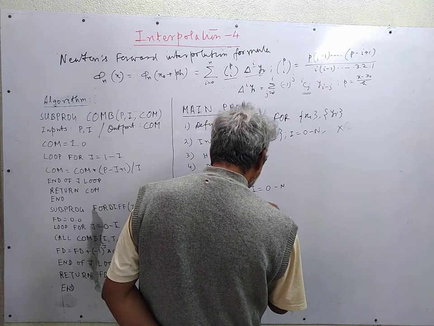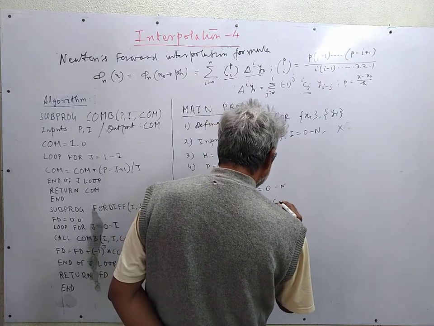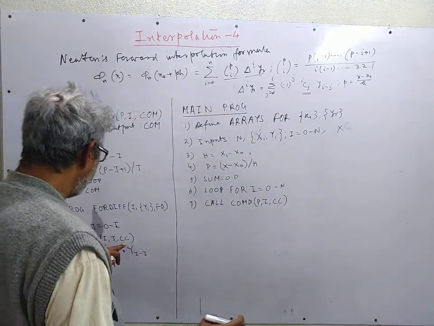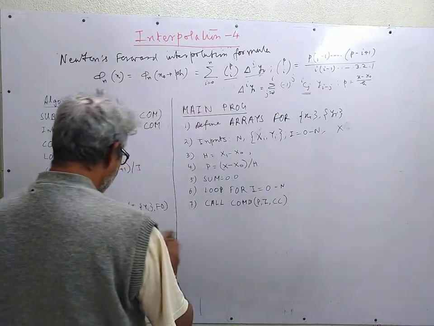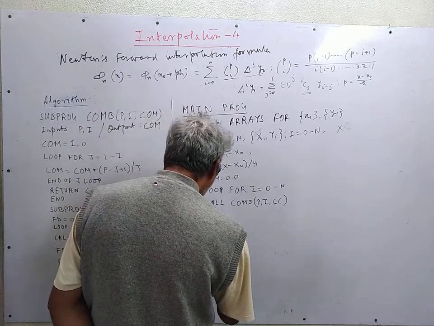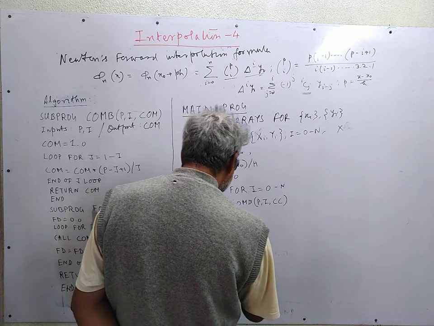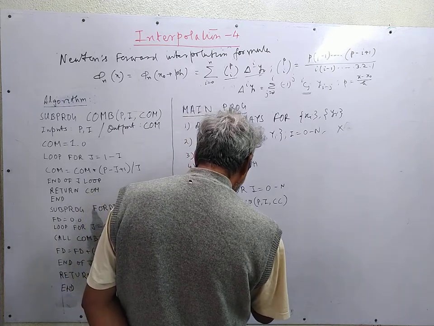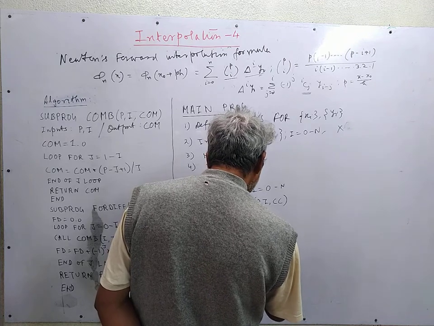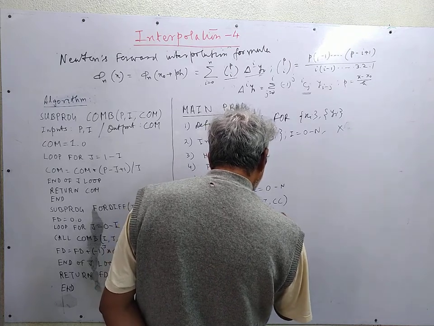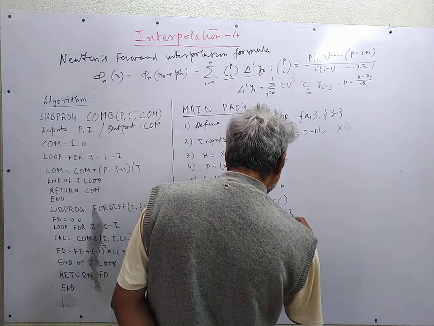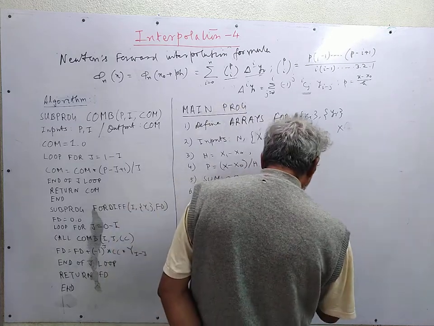P is known, I is known, and this is the combination CC. This may be the same name, but there will be no conflict. Then we call forward difference, with I and the set of yi values as inputs, and the output is forward difference.